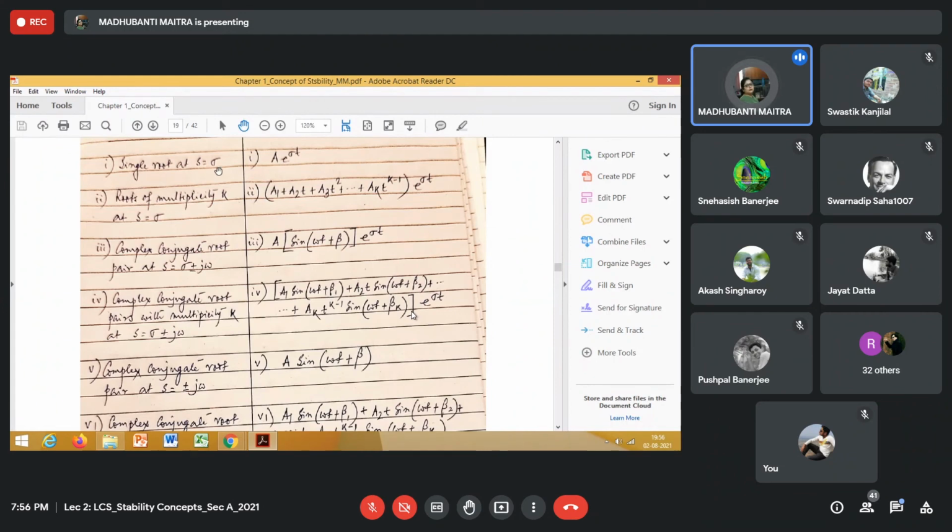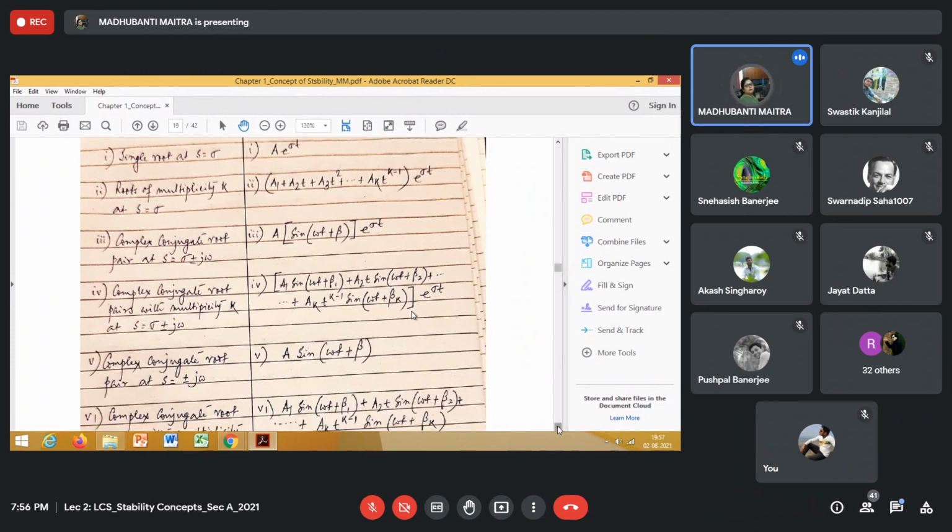The first component will be because of the presence of this real root, and the second component will be because of the presence of the complex conjugate root pair. Do you agree? Yes, ma'am. And since the system is a linear one, as I have already explained, the actual response of the system because of these three roots will be C(t), which is equal to C1(t) plus C2(t). Yes, ma'am.